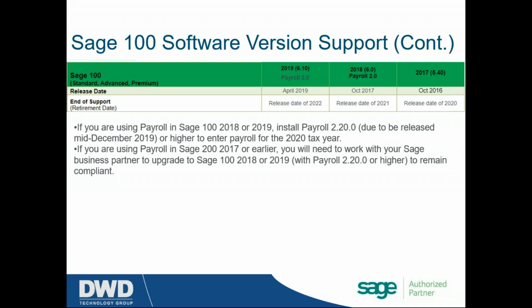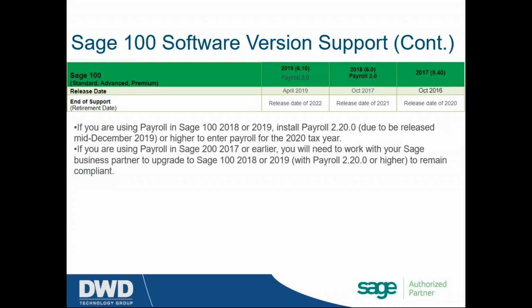Okay. I know some of you out there are probably already on Sage 100 2018 or 2019. We are going to get a new release that's going to include the ability to enter that new W-4 information. Should be coming out here mid to late December.